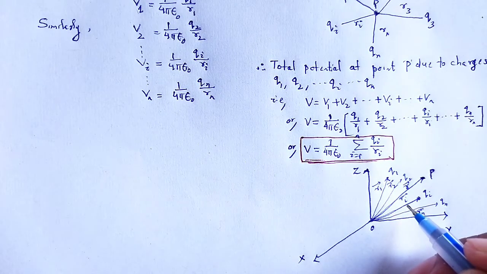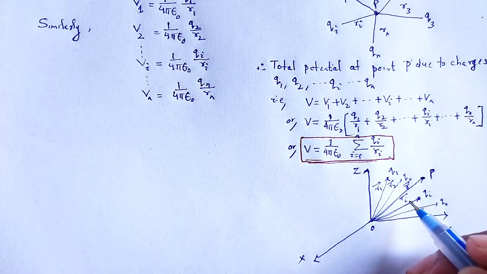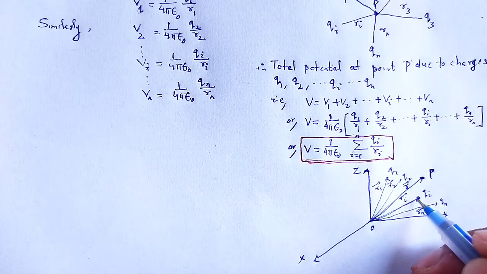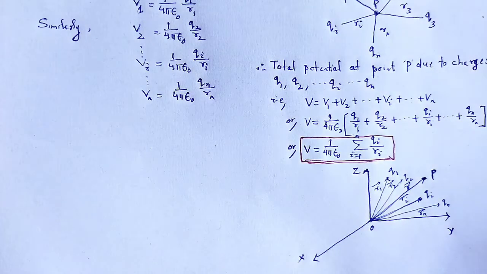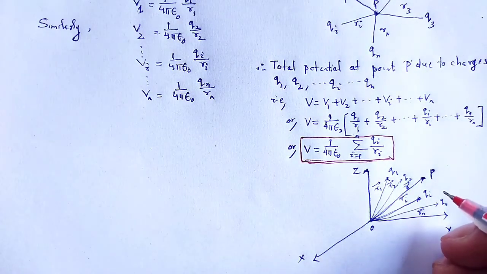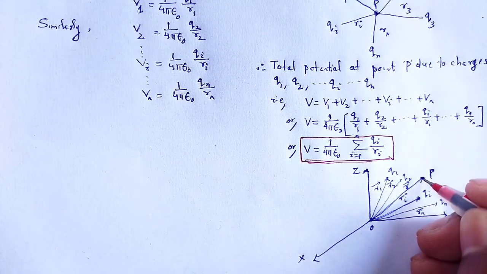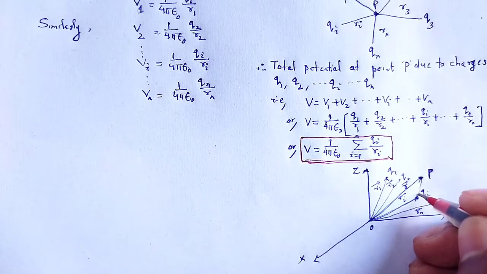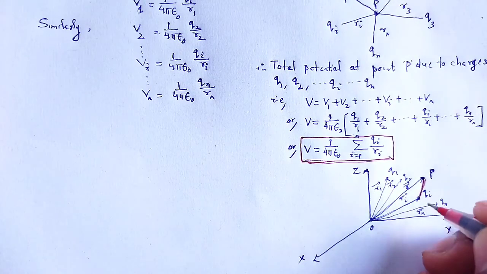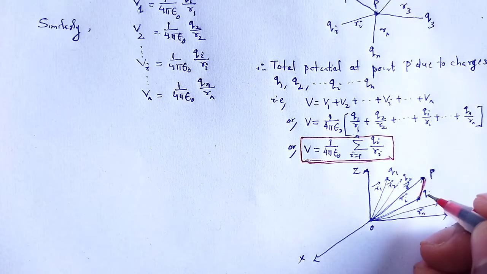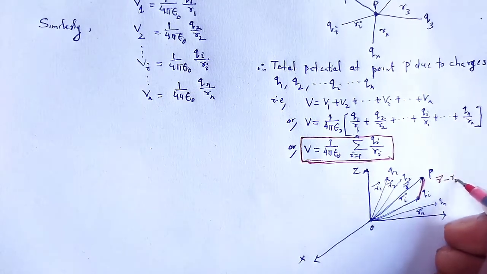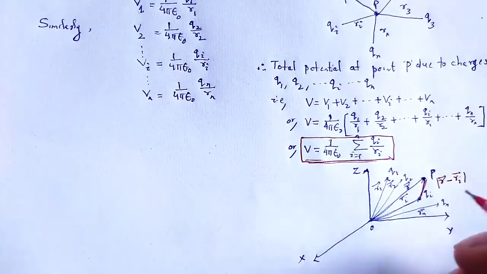Now the magnitude of the relative position vector of the point P with respect to the charge qi, that is the distance, will be r minus ri magnitude.